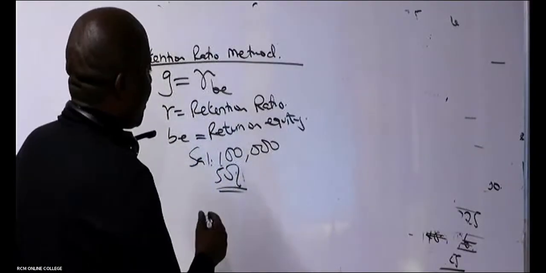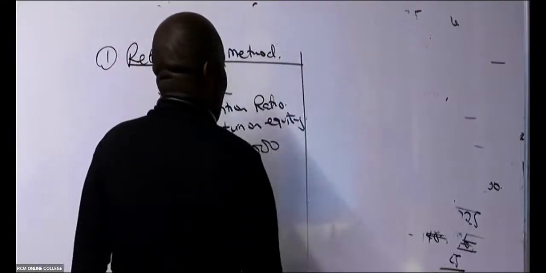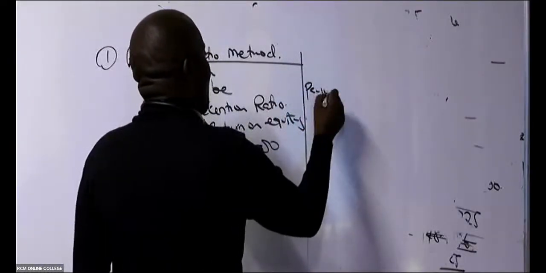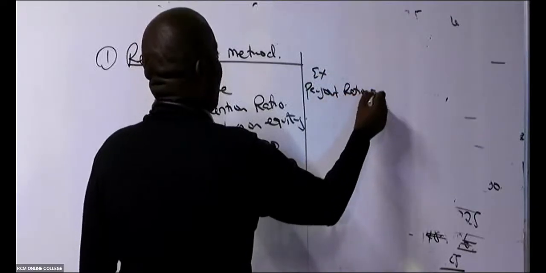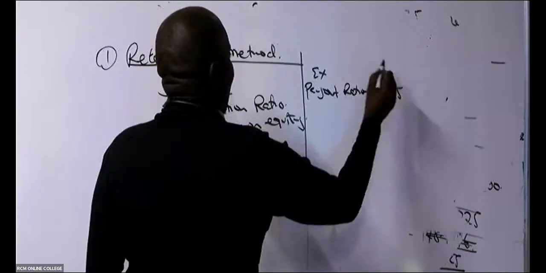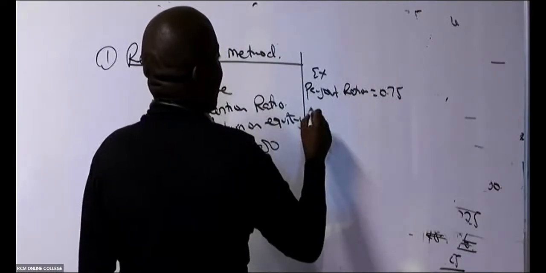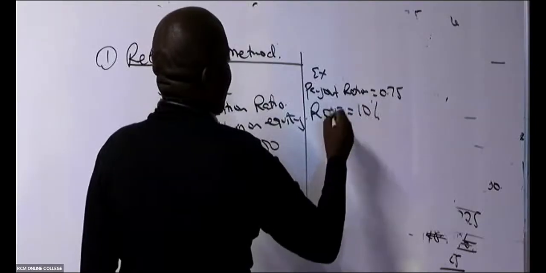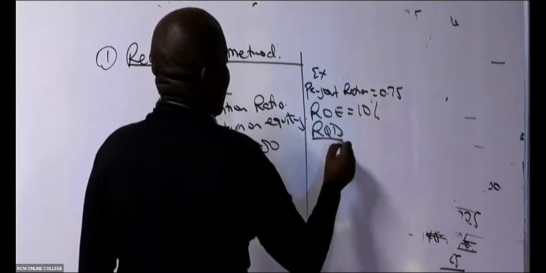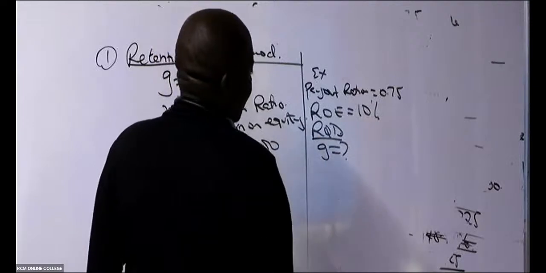So this is very, very important. Normally, they'll tell you that the payout ratio is 0.75, and then they'll tell you the return on equity is 10%. Required, give us G, the growth rate.